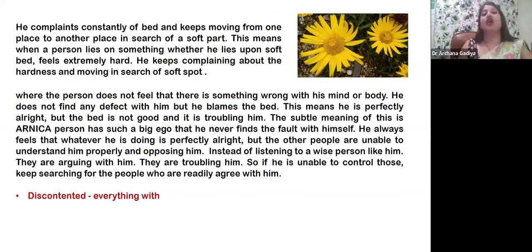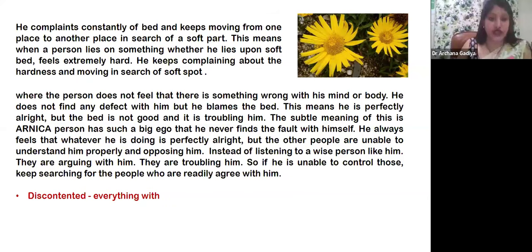What is the bed? It is what gives him comfort. For example, metaphorically, we can also see the family members who are trying to give him comfort, trying to show him to the doctor to seek medical help, but he blames them in return. He does not understand the fault is with his mindset. The subtle meaning of this is that the arnica person has such a big ego that he never finds the fault with himself.